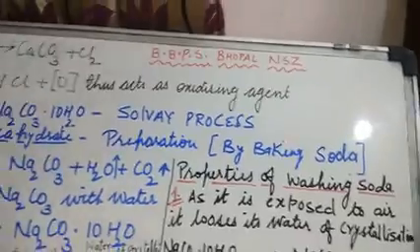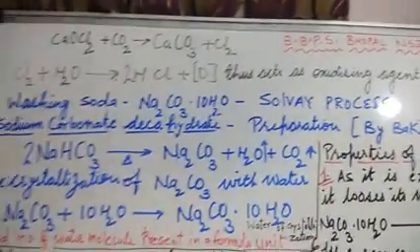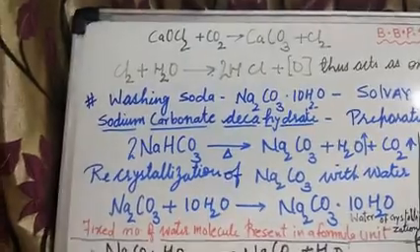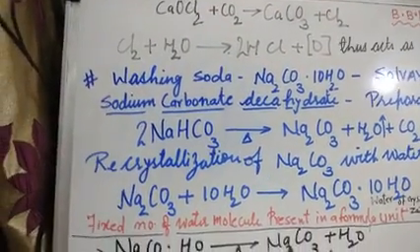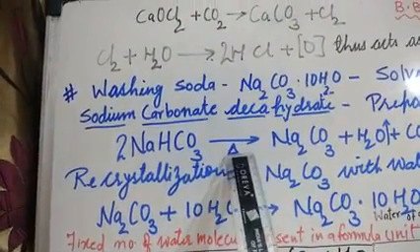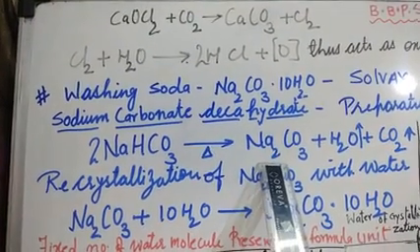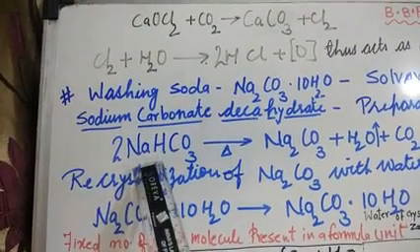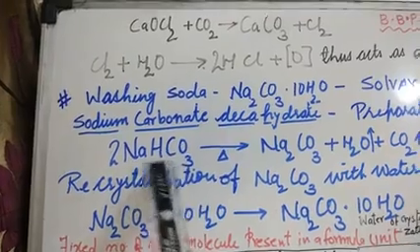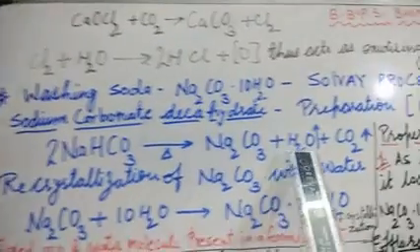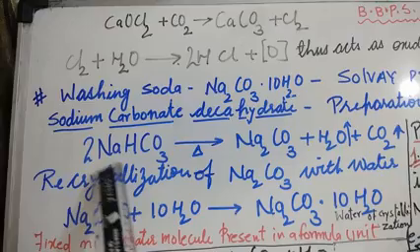So this baking soda, that is NaHCO3, when heated gives out Na2CO3. This is sodium hydrogen carbonate. H is eliminated in the form of H2O. Two molecules I have taken.